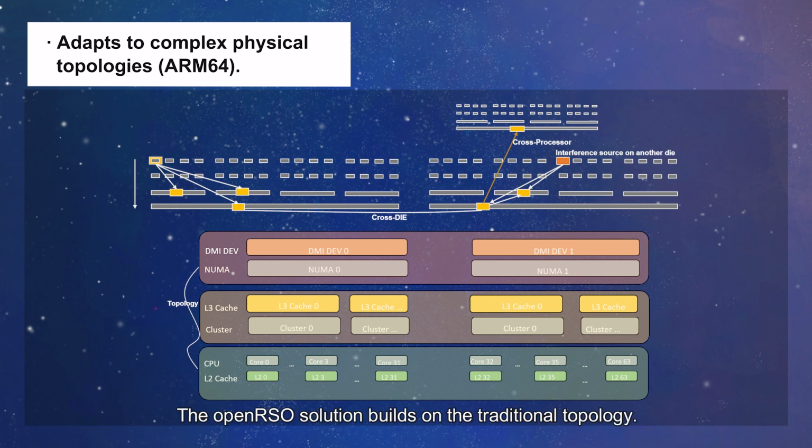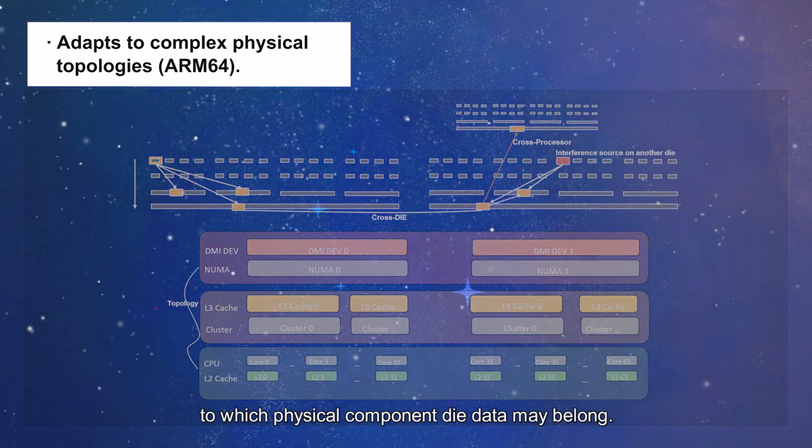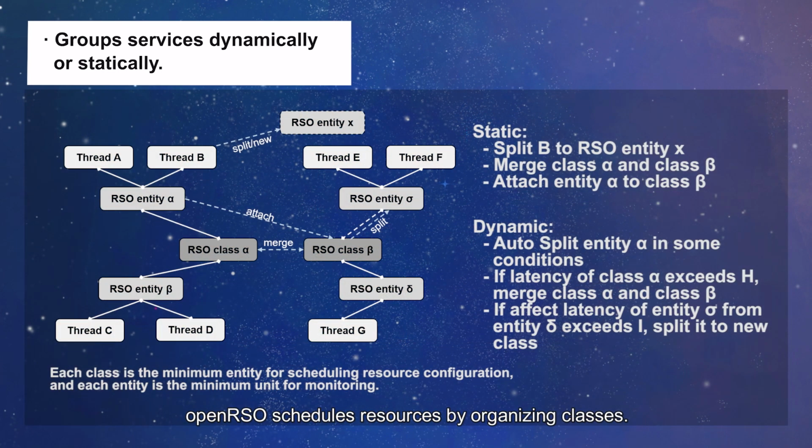The openRSO solution builds on the traditional topology. In openRSO, one CPU corresponds to one L2 or L1 cache, and one cluster corresponds to one L3 cache. In this way, we can know to which physical component die data may belong. openRSO schedules resources by organizing classes.